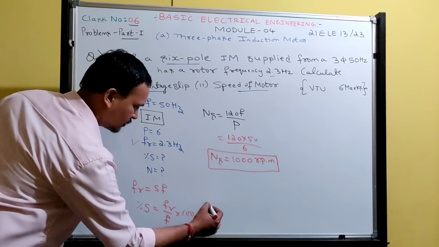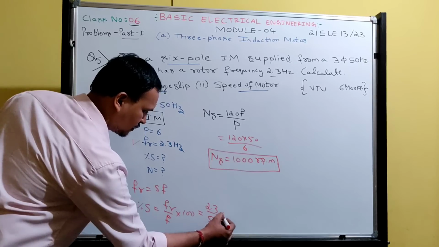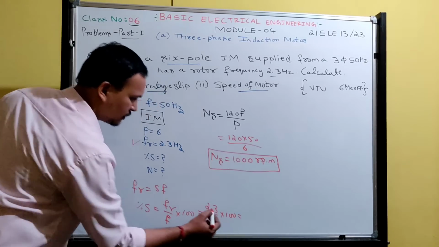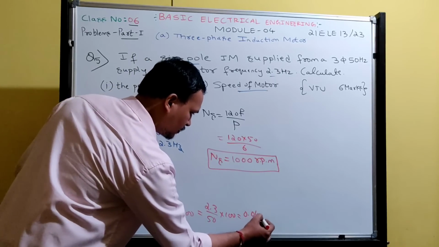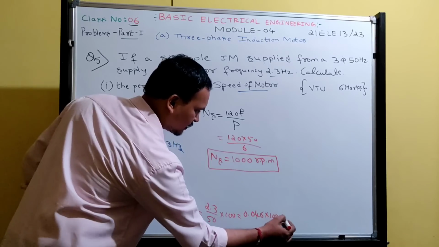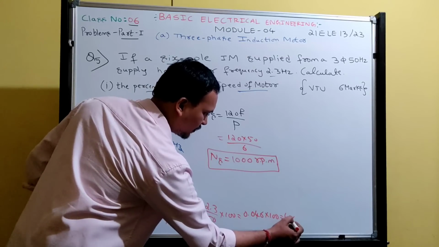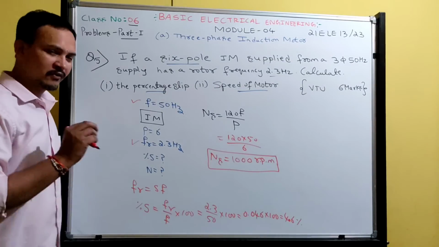What is Fr? 2.3. What is F? 50 Hz. Multiply by 100. 2.3 by 50, how much we get? 0.046, multiplied by 100 gives 4.6%.